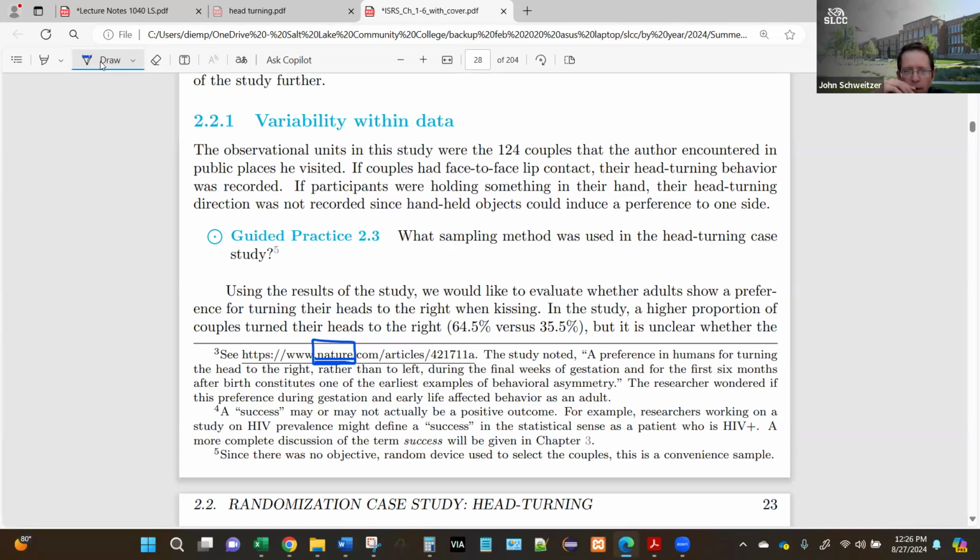And so this particular article was looking at something called behavioral asymmetry. What is behavioral asymmetry? Well, asymmetry is where one side is emphasized over another, right? And you all know, I'm sure, that there are more right-handed people than left-handed people. But why is that?